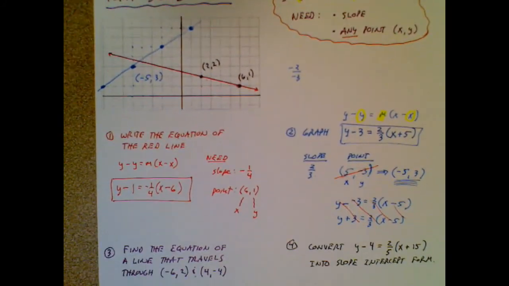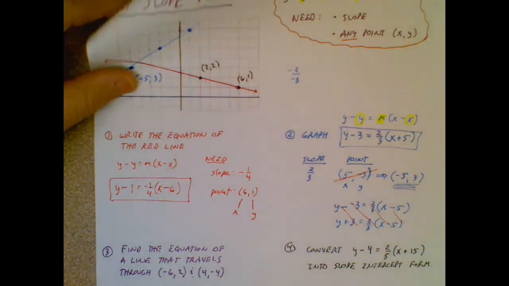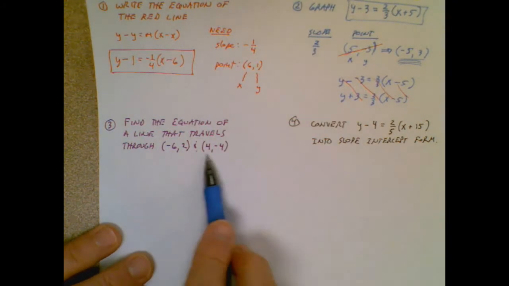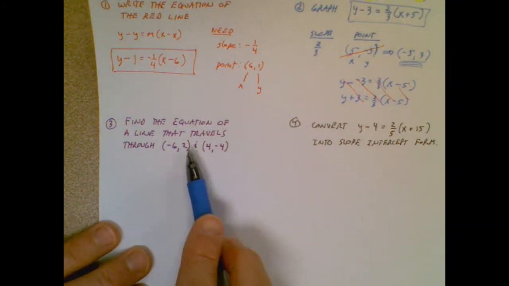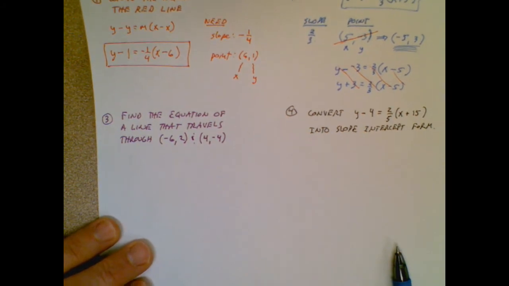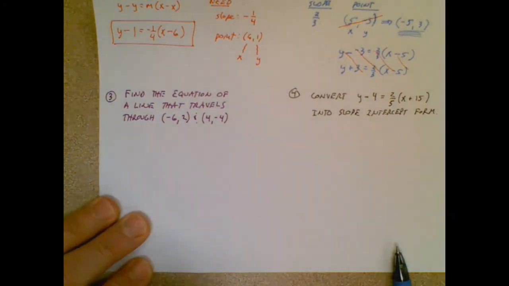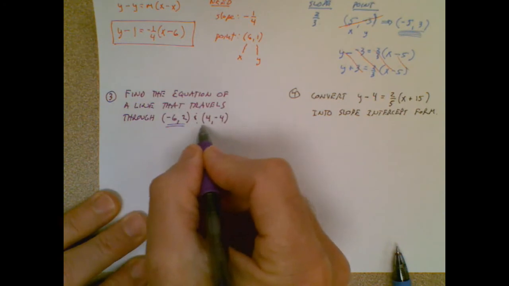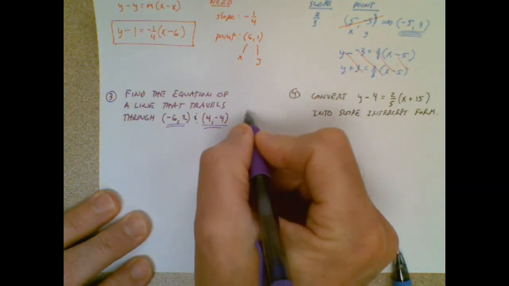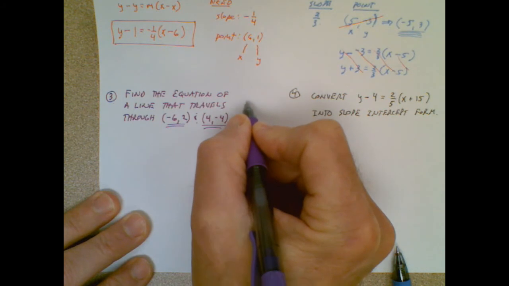Okay, let's do these last two problems. We're given 2 points, we don't have a graph, and we're going to find the equation that goes through there. And the first thing I would notice is that neither of these are y-intercepts. Because remember, a y-intercept always has an x value of 0.